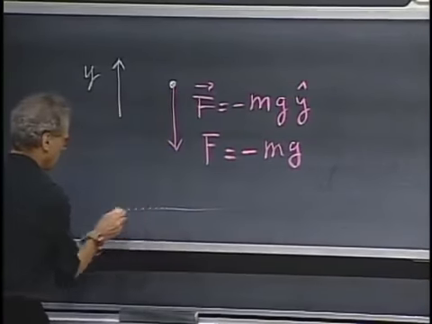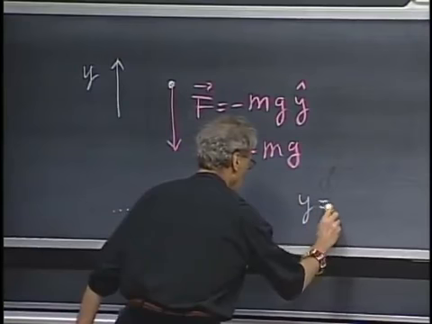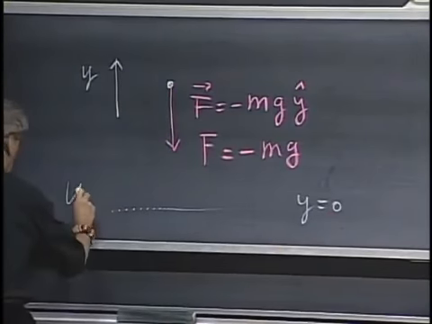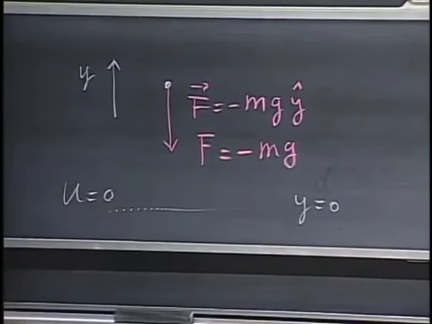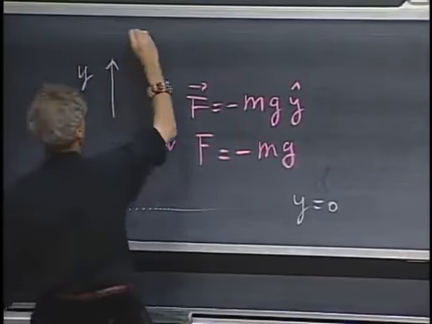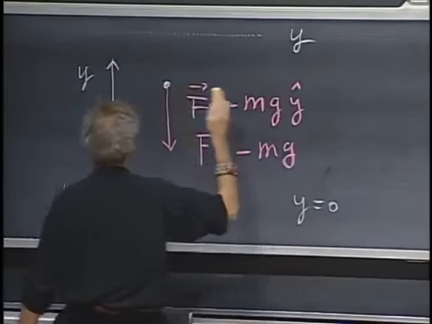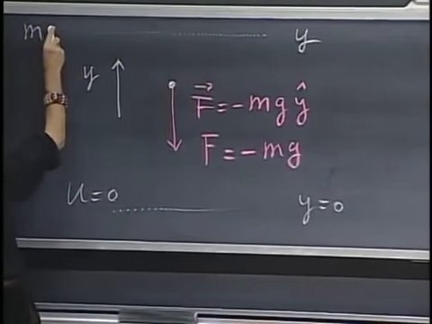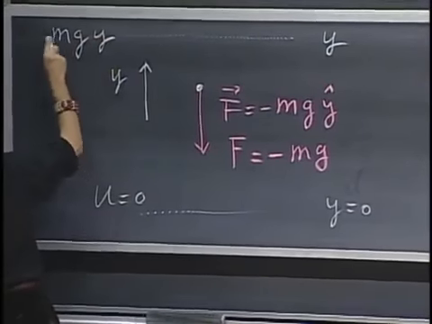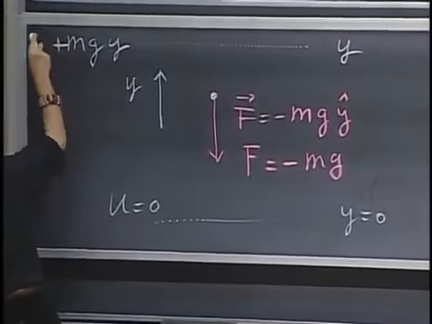If this level here is y equals 0, and I call this gravitational potential energy 0, and this is y, then the gravitational potential energy here equals plus mgy.